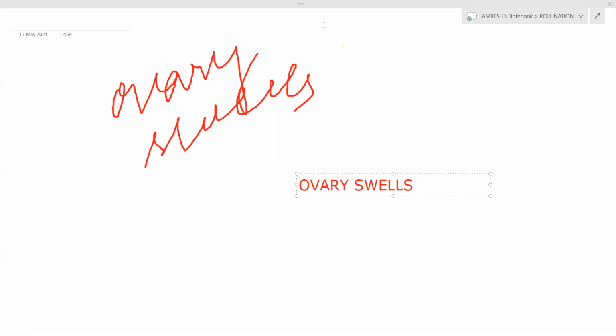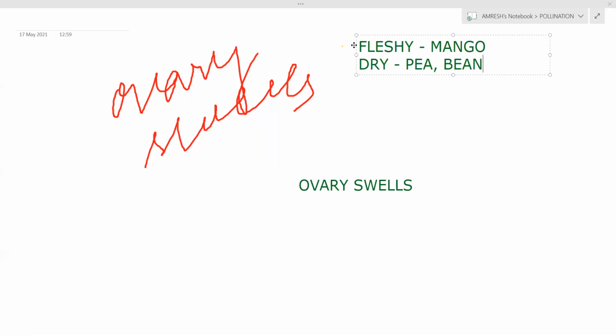Fruits are of many types, which we'll learn in the next chapter. For your details, it may be a fleshy fruit like mango, or a dry fruit like pea or bean. Fruits have seeds.